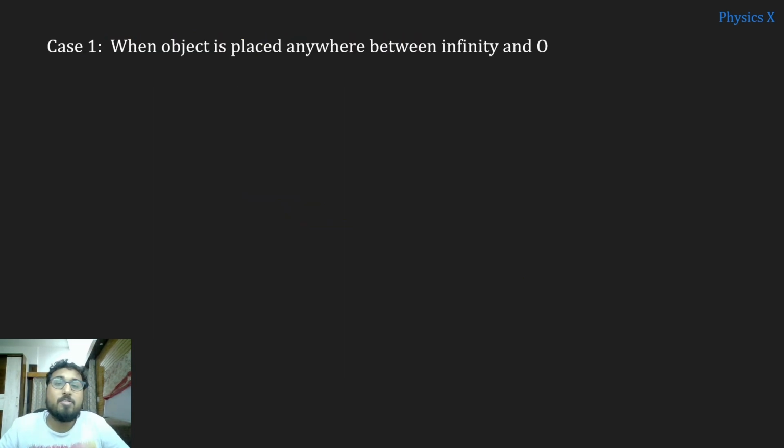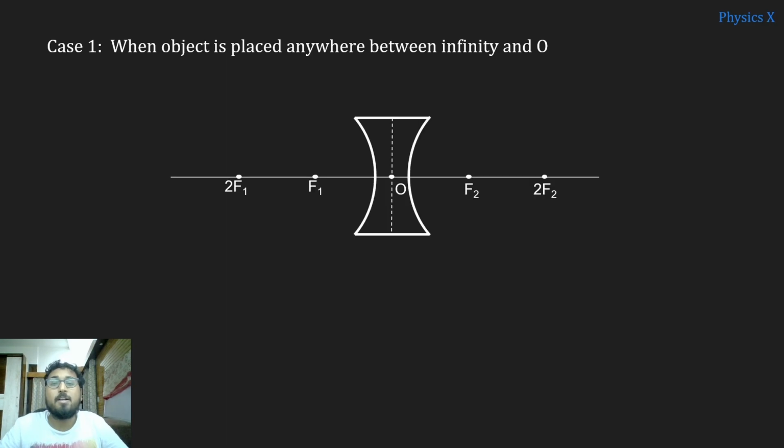Now when the object is placed anywhere between infinity and the optical center, that means anywhere from infinity to the optical center, how will the image be observed? You can see that the ray of light parallel to the principal axis diverges in a way that it tends to be coming from the first focus point, f1.